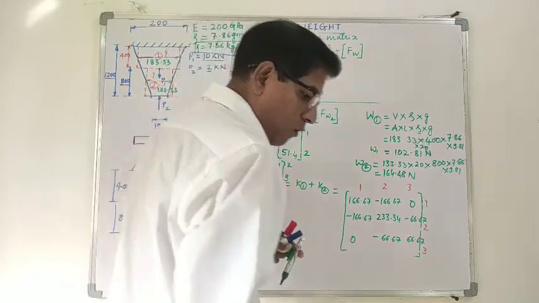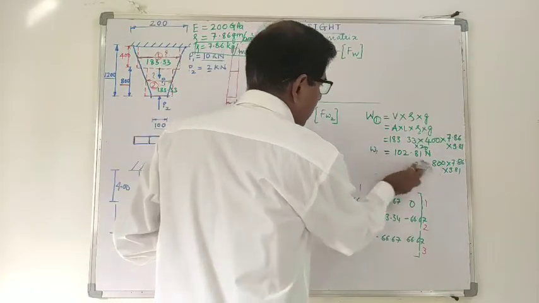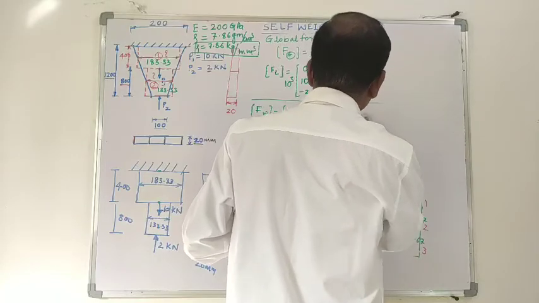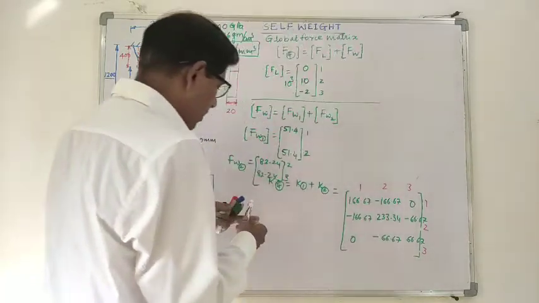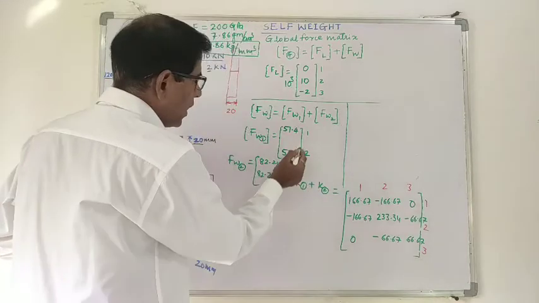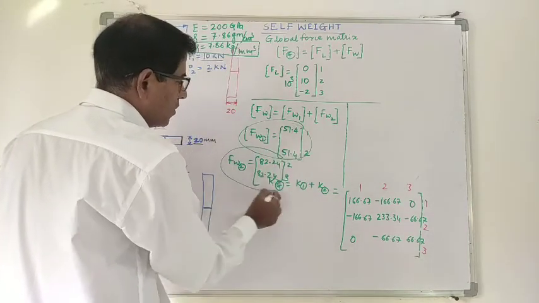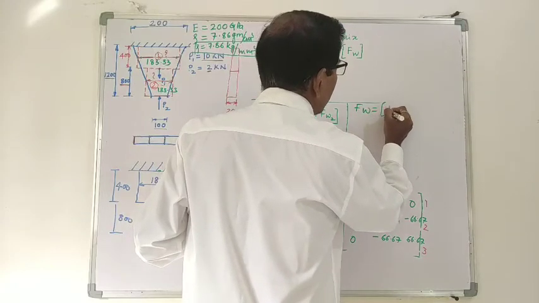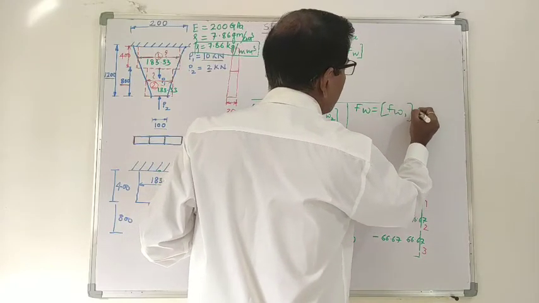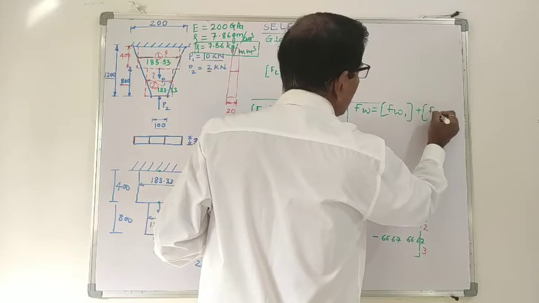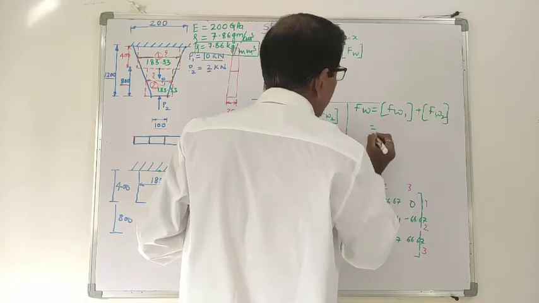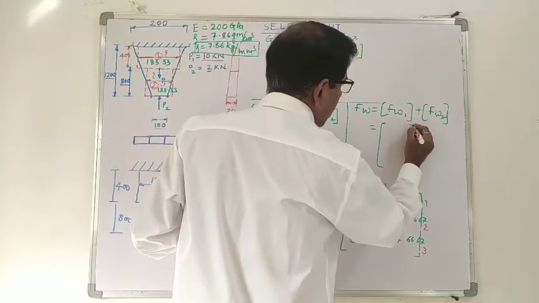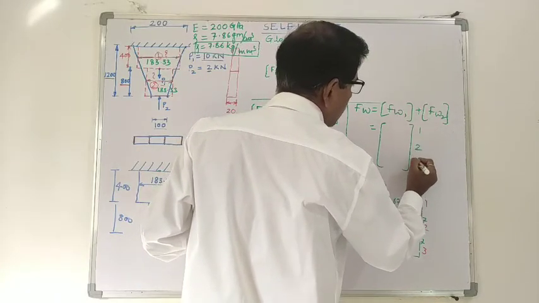Okay, now when you combine both these matrices together, FW is equal to FW1 plus FW2. So add for node number 1, 2 and 3.